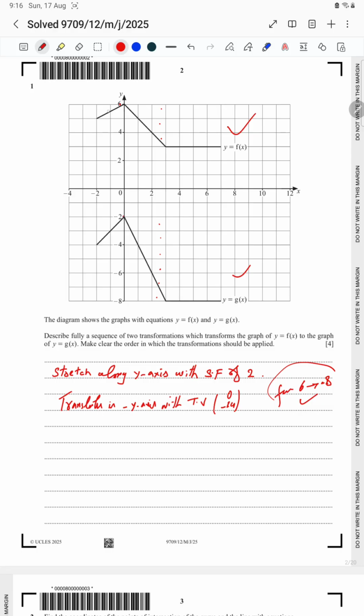How does it come to 2? You can see if this is 1 point and 1, 2, 3 points here, so 1, 2, 3, 4, 5, 6 points, the scale factor seems to be 2. And then it has been translated in the negative y direction, downward, with the translation vector of 0 and minus 14. You can see it.